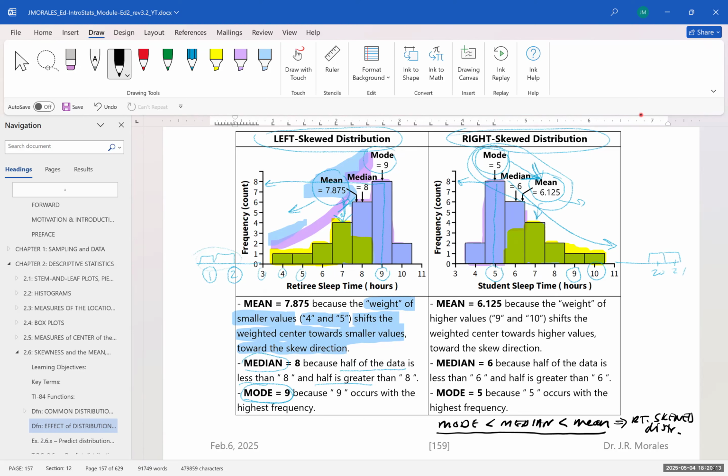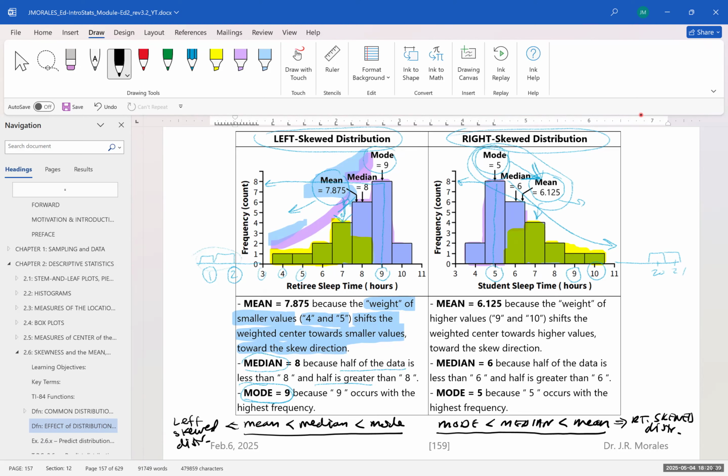But instead, if you see that the mean is the smallest value and the median is greater and the mode is greater still, what this is telling you is that you have a left skewed distribution.